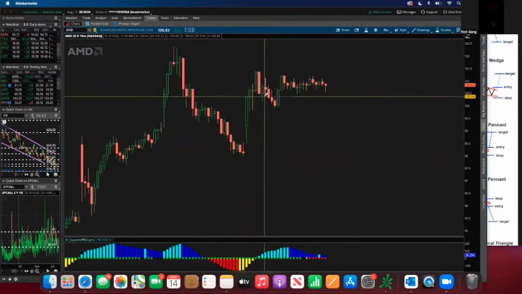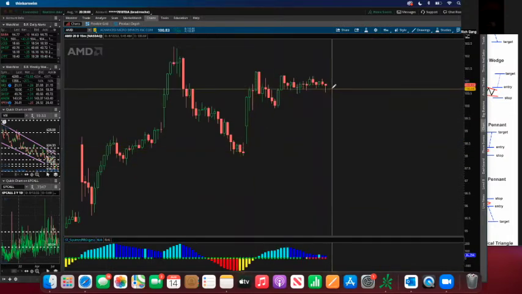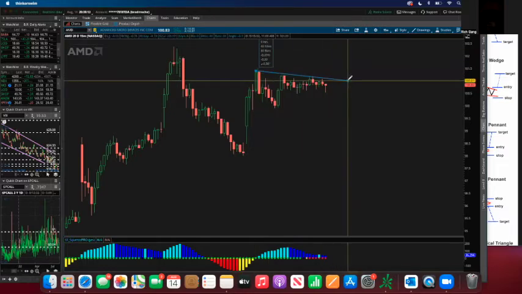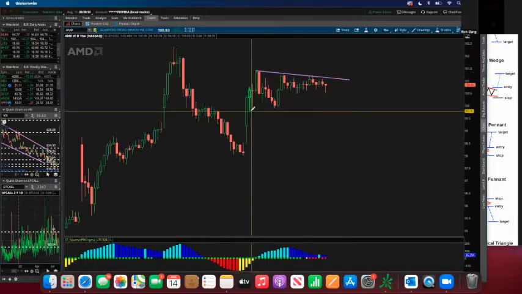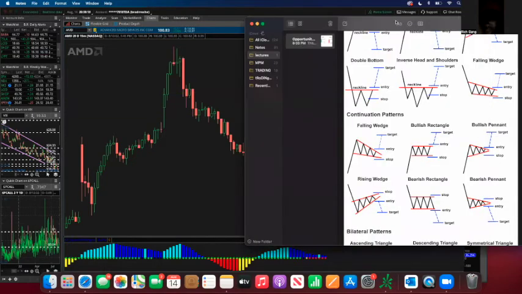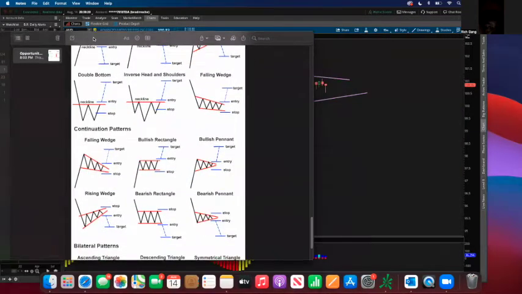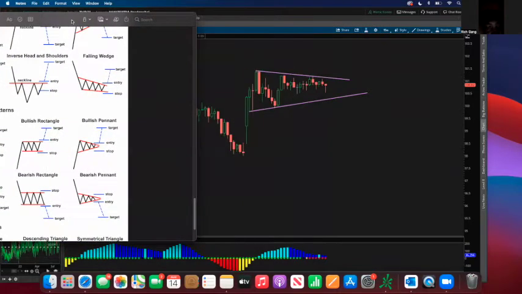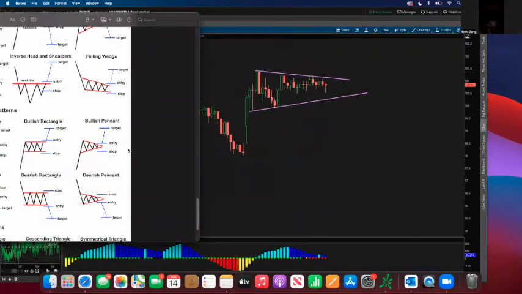Impulsive move up, consolidation. Now it's either going to break up or break down. When I draw this, it looks pretty similar, right? Same concept. They don't have to look perfect, but the concept has to be there.